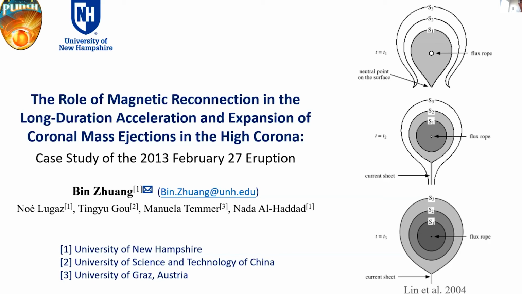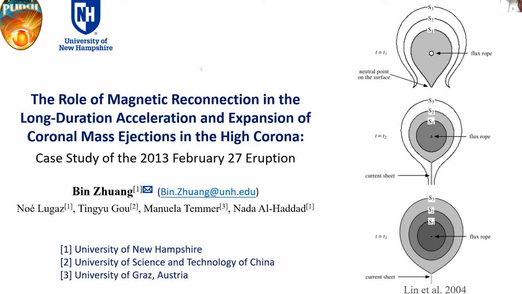Then we collected those events and found one specific event, on 2013 February 27. This eruption may help us understand a specific topic, which is the role of magnetic reconnection in the long-duration acceleration and expansion of coronal mass ejections in the high corona.